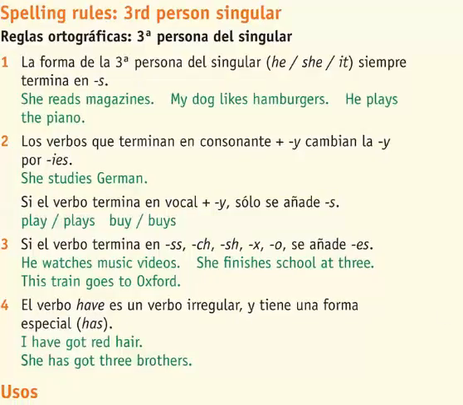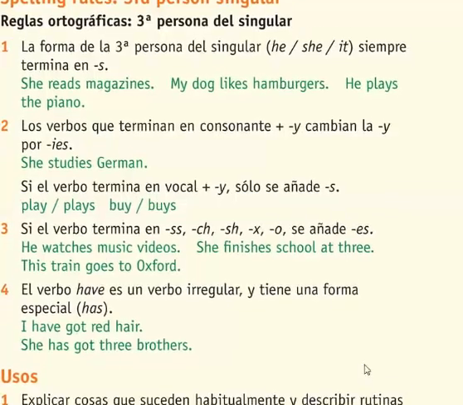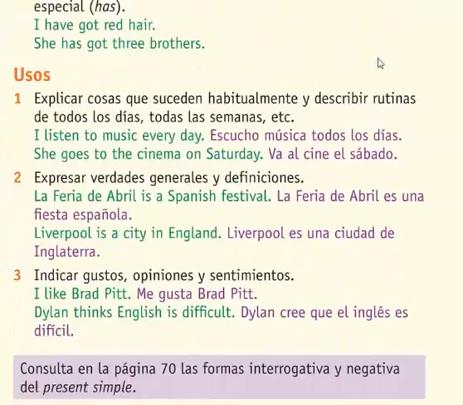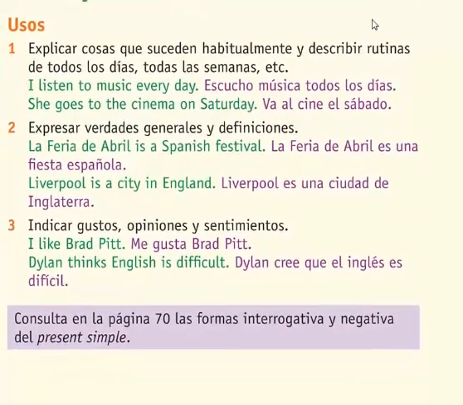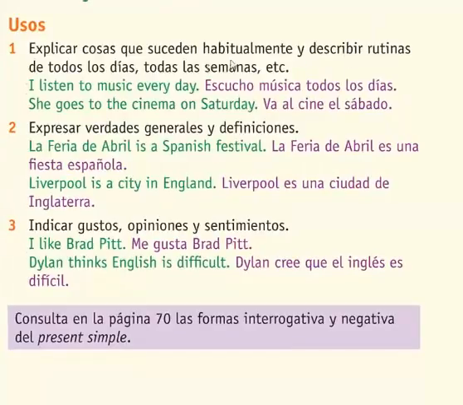And now let's move on to the uses of the present simple. The present simple is used to explain things that happen regularly, to explain routines. It also expresses general truths and definitions.